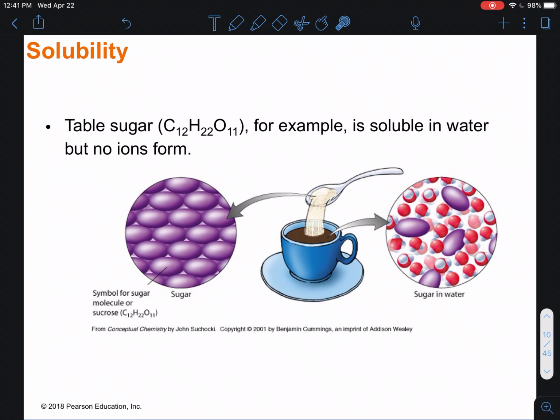There are some solute-solute interactions, some attractive forces between the sugar molecules, but it's not a full-on bond.